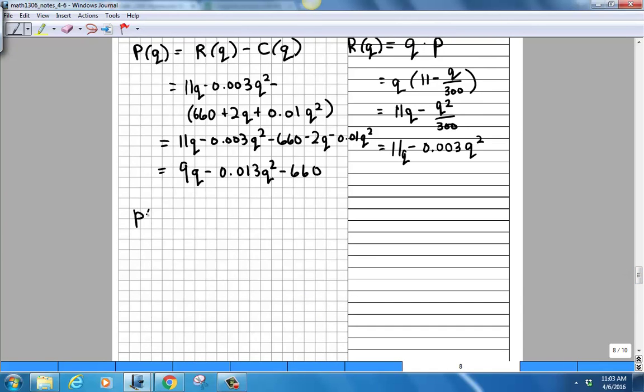All right, so what is our marginal profit there? Looks like 9 minus 0.026 q. And we set that equal to what? Yeah, just set that equal to 0. Okay, and now just solve that equation.